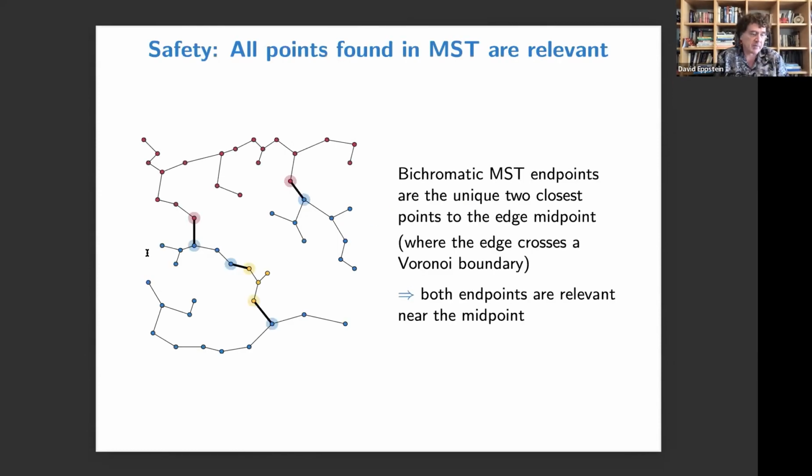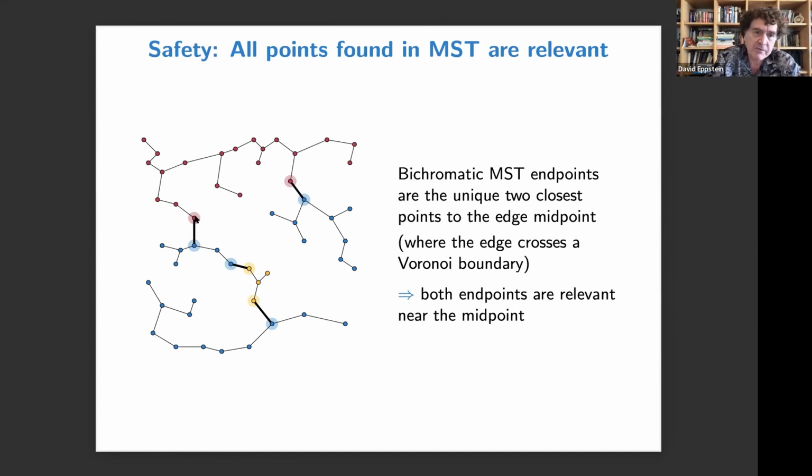First, there's really two things that we have to check. We need to make sure that all of the points that we find are relevant, and we need to make sure that we find all of the relevant points. And for the first step of the algorithm, this question of, are all of the points that we find relevant? Actually, that's pretty easy.